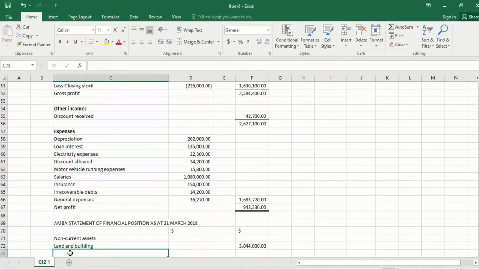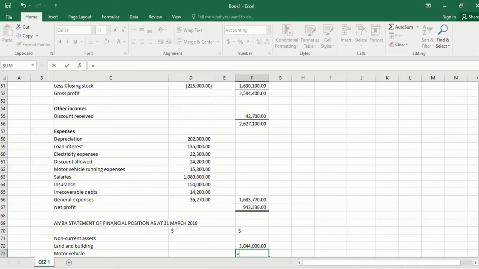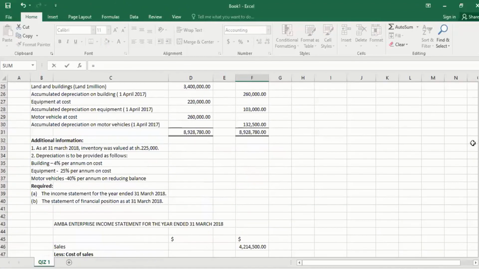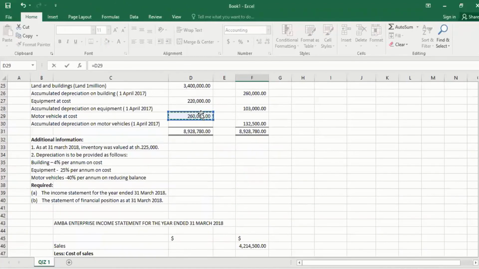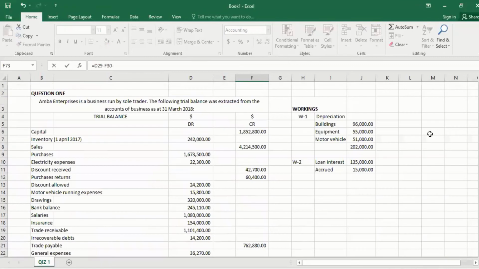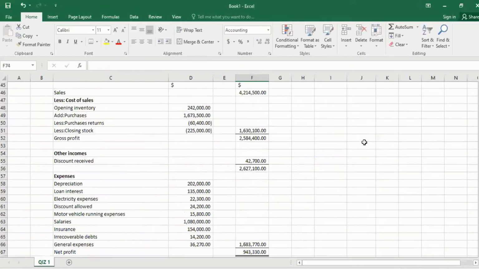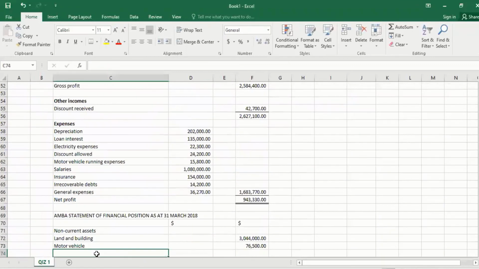Then we have the motor vehicle, and equipment, whichever comes first is okay. The beauty part of using Excel, I don't need a calculator. I'll just work on it while it's here. It makes my work easier. And I deduct the accumulated depreciation, provided you are right on your computation.